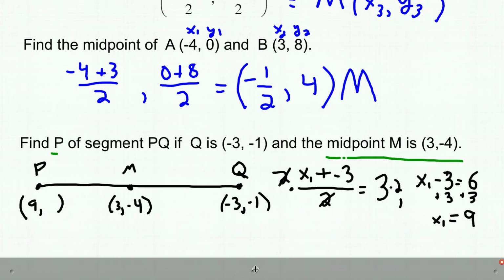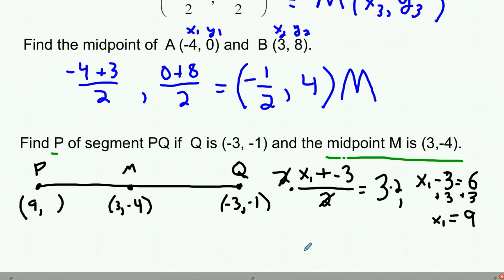Now we need to do the y value as well. What do we know about the y value? We know that the y value for the midpoint is -4, and I know that when I add y1 plus y2 and divide by 2, I will get -4. Once again, we know the second y value is -1, and then I just need to do some math. I'm going to multiply both sides by 2 to get rid of the fraction on the left side.